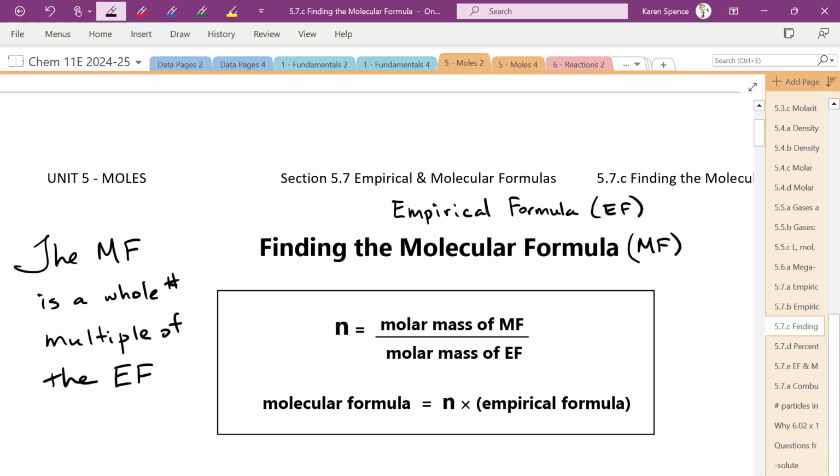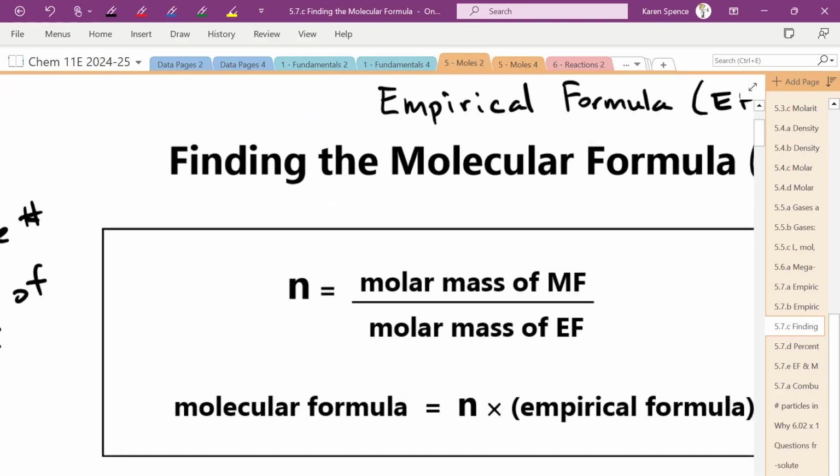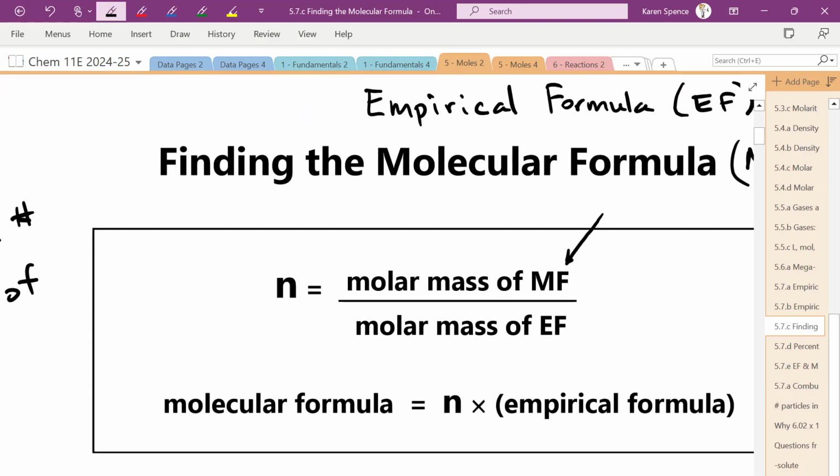So in order to find what multiple it actually is, you can take the molar mass of the molecular formula, which will presumably be given to you in the question, or it will be something that you can determine from other information in the question, or if you were actually doing a lab, you would find its molecular formula by doing some other experiments.